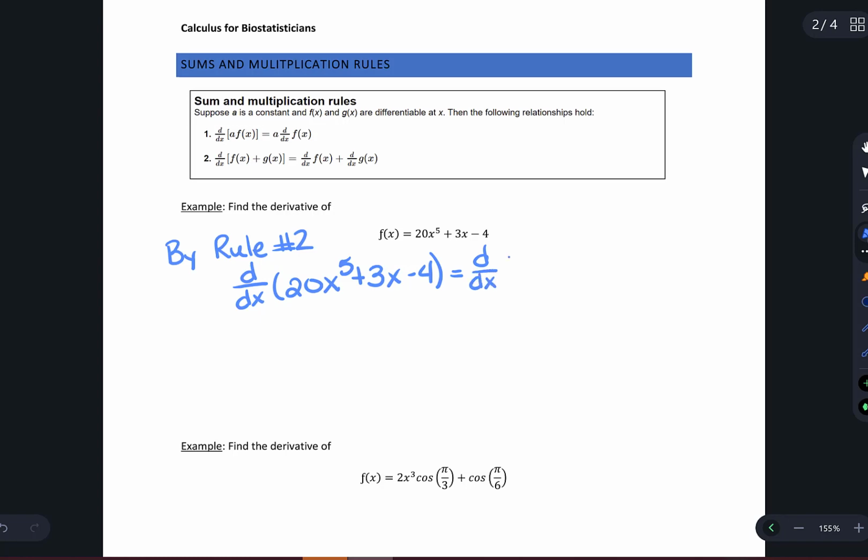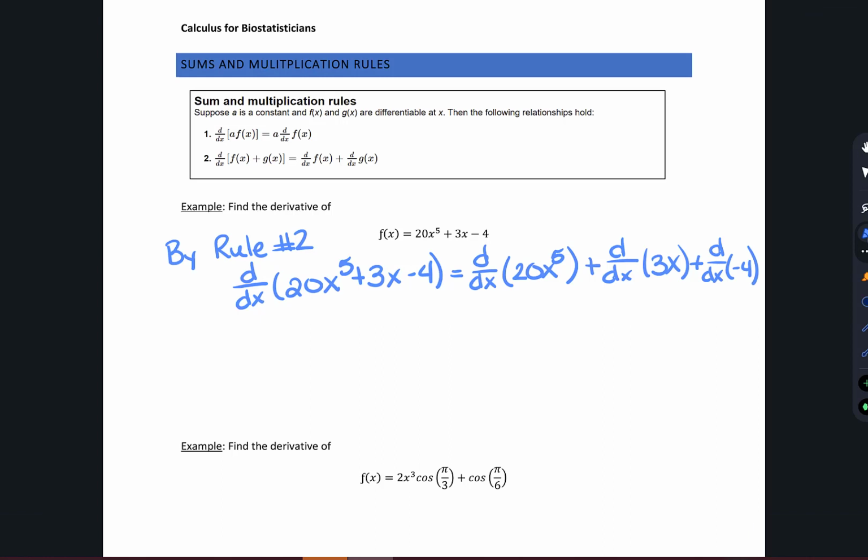So I'm going to have the derivative with respect to x of 20 times x to the fifth plus the derivative with respect to x of 3x plus the derivative with respect to x of -4.